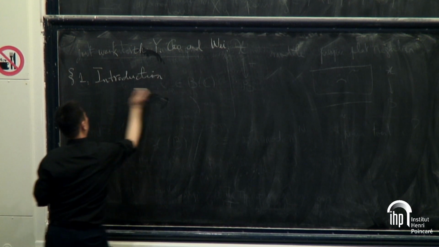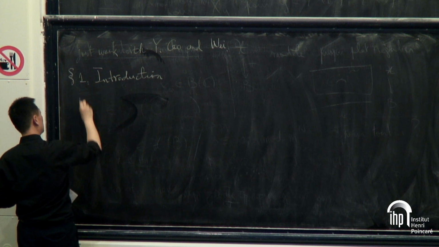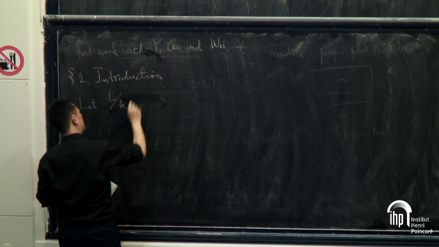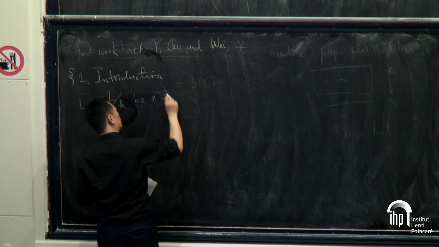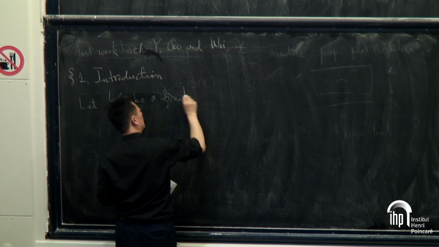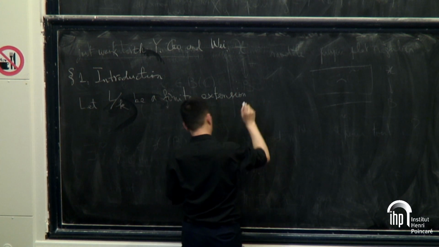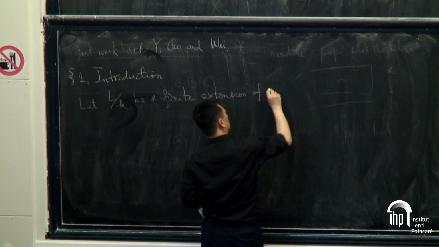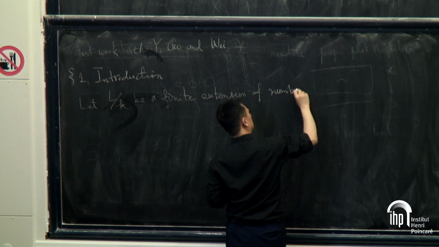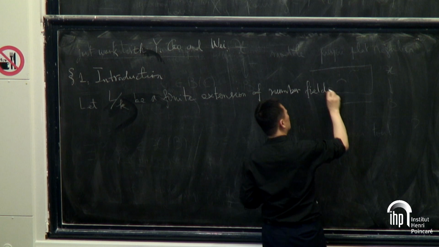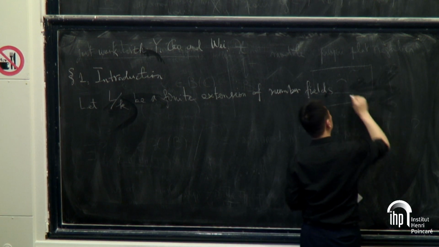So, what I'm interested in is a finite extension. Let L over K be a finite extension of number fields, and I assume the extension degree is n.